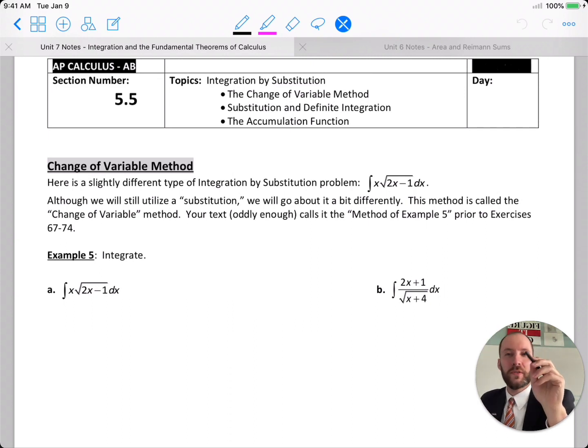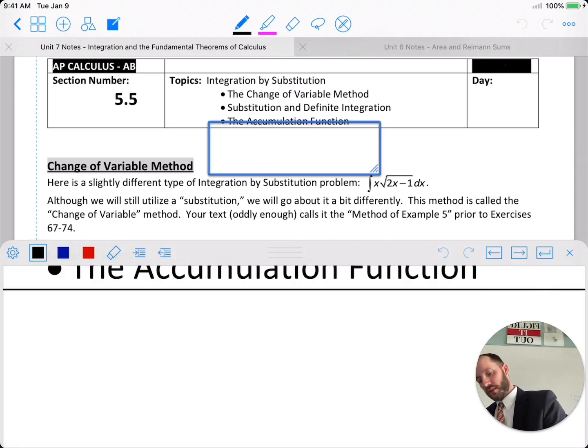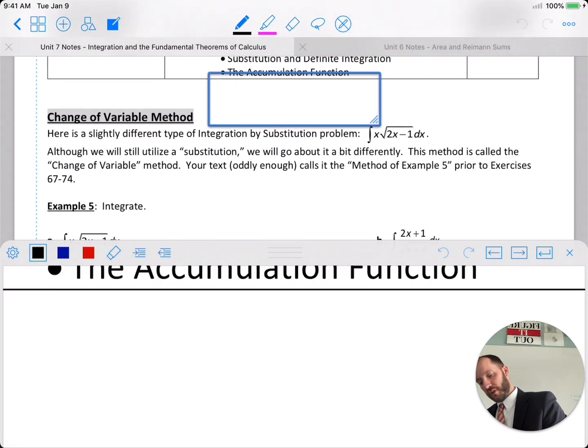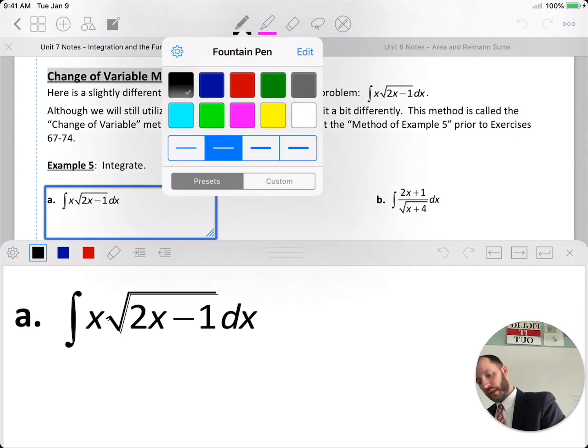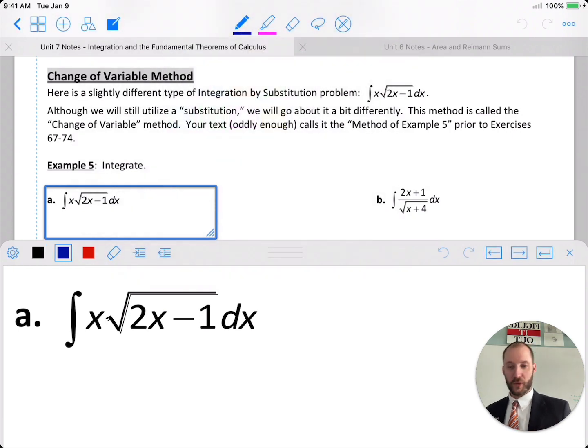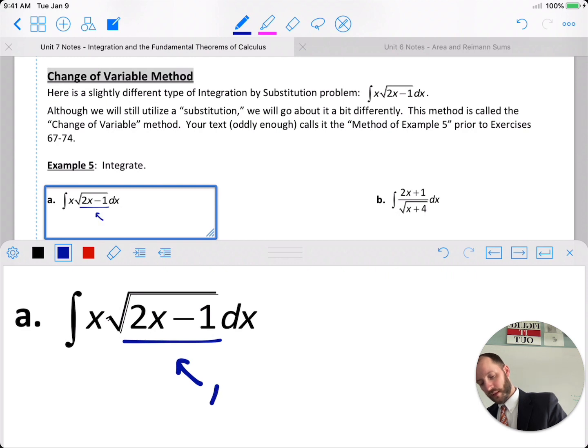Okay, so example 5a, looking at the u substitution. So we see kind of a complex problem, x times root 2x minus 1. So kind of going with it right away, maybe without thinking about it too much, you think, hey, we have an inside function.